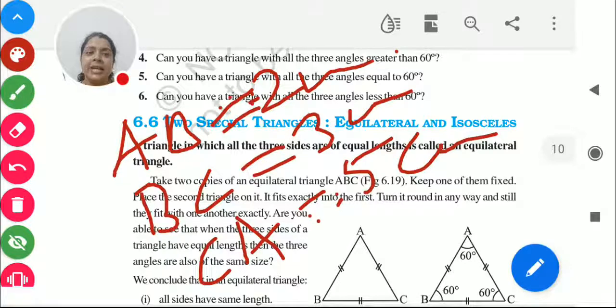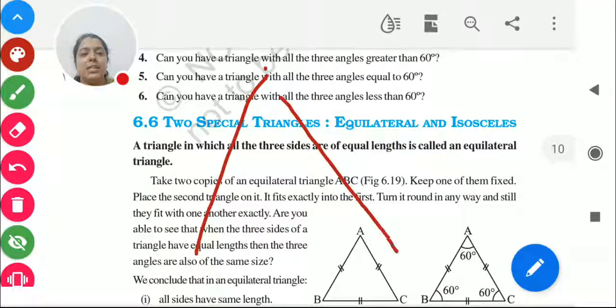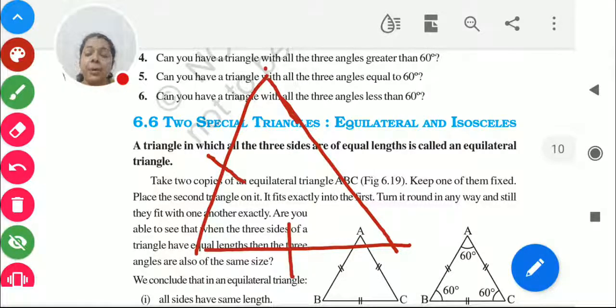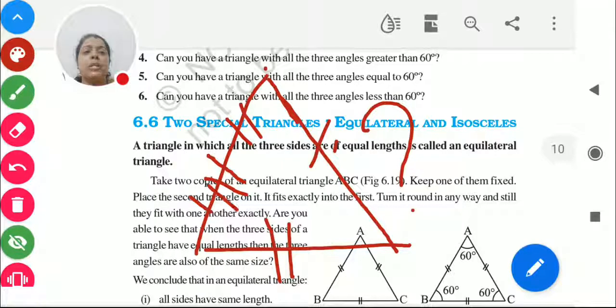So the rule says that for a triangle, related to the sides, the sum total of two sides, meaning when you add the lengths of two sides, should be greater than the third side. If you add any two sides, it does not matter which two, it should be greater than the third side. That's the rule. Okay, so let's go for the rule.